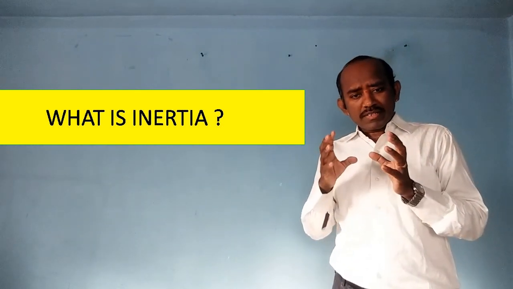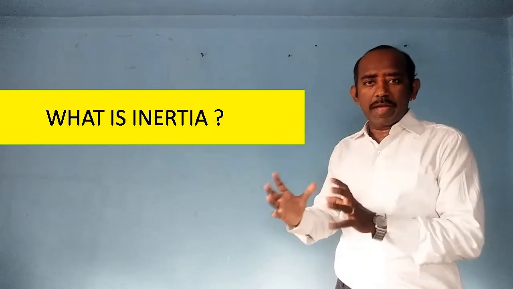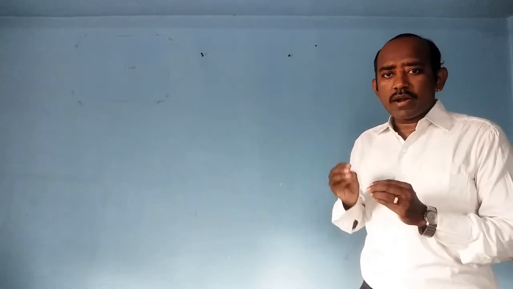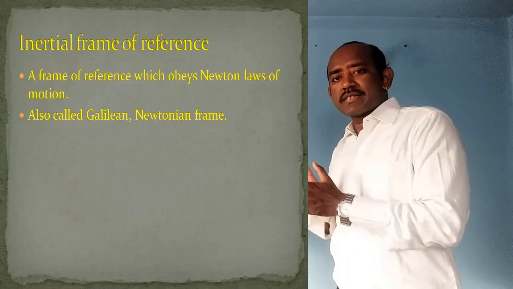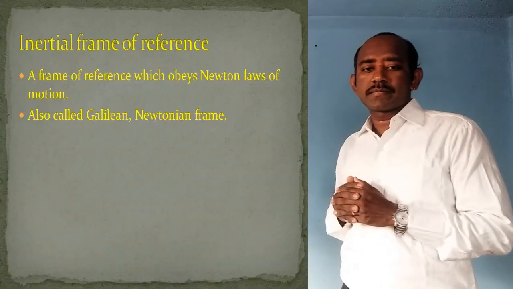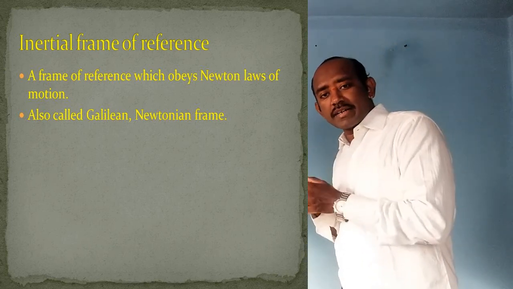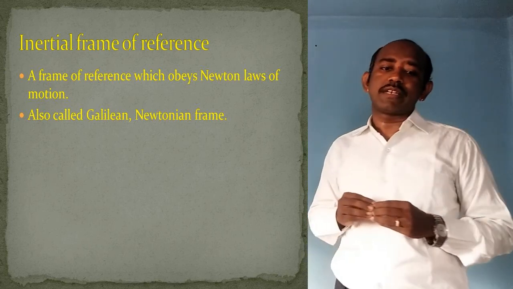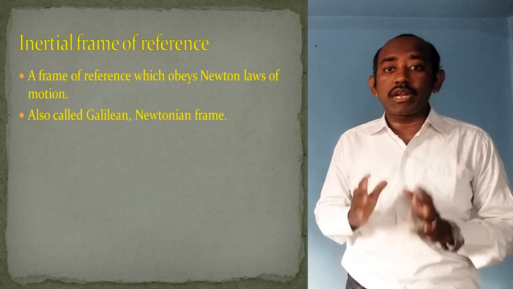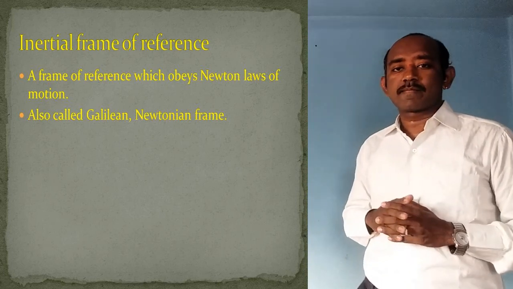Now, what is an inertial frame? Whenever we apply a force to a body, the body displaces its position. It means the frame of reference which is either at rest or moves with uniform velocity is an inertial frame of reference.